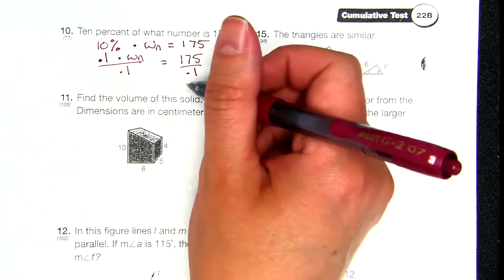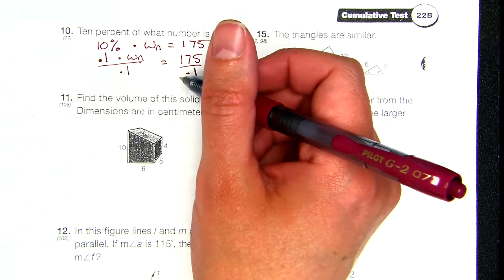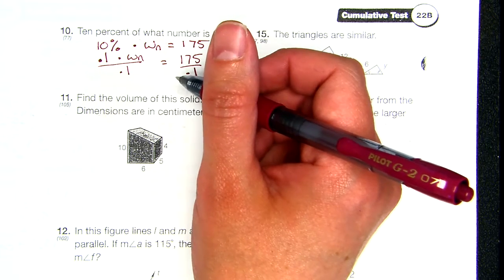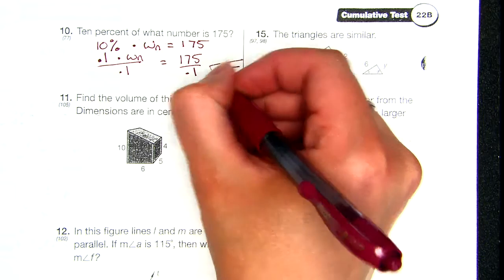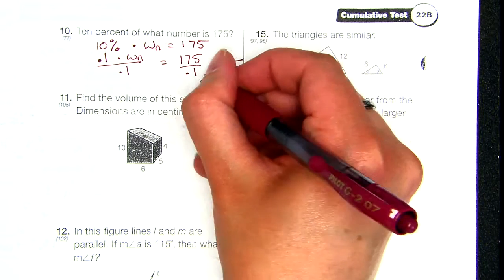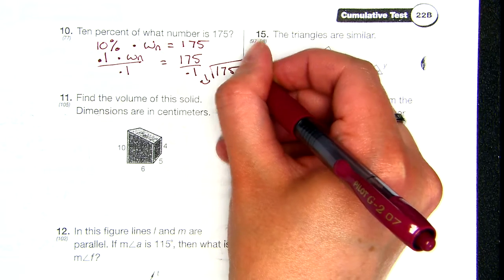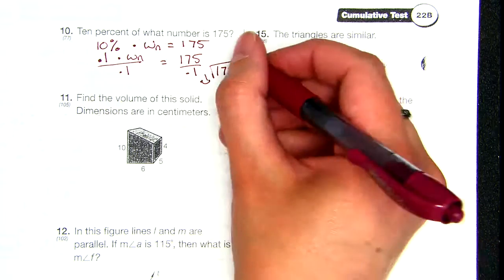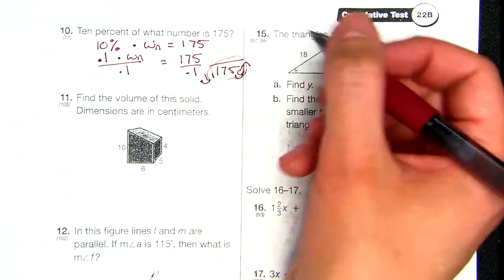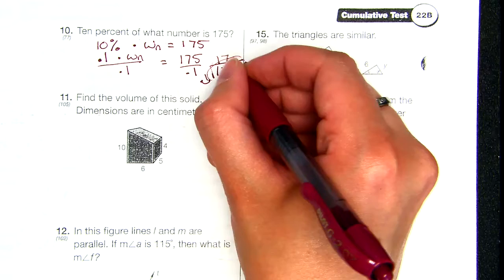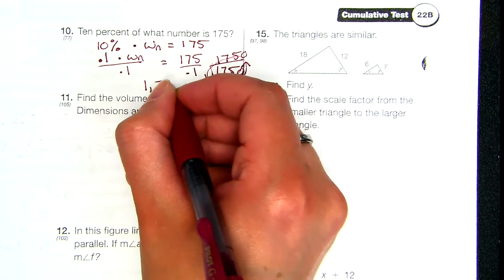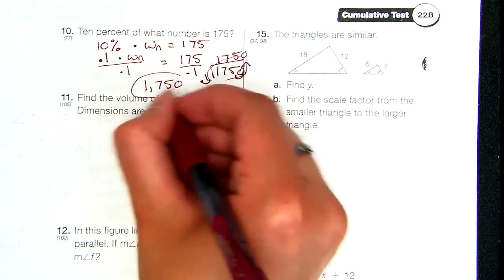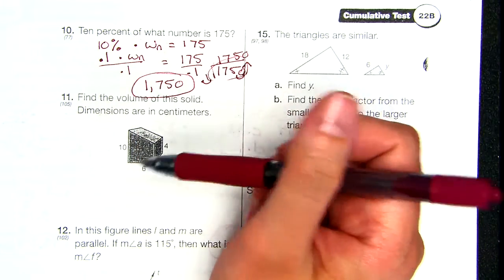All right, and when we are dividing by 0.1, remember, we don't like decimals out here, so we do over, and up. Okay, but you can see all that did was add a 0 because my answer is going to be, right, those exact numbers. So my answer is 1,750.